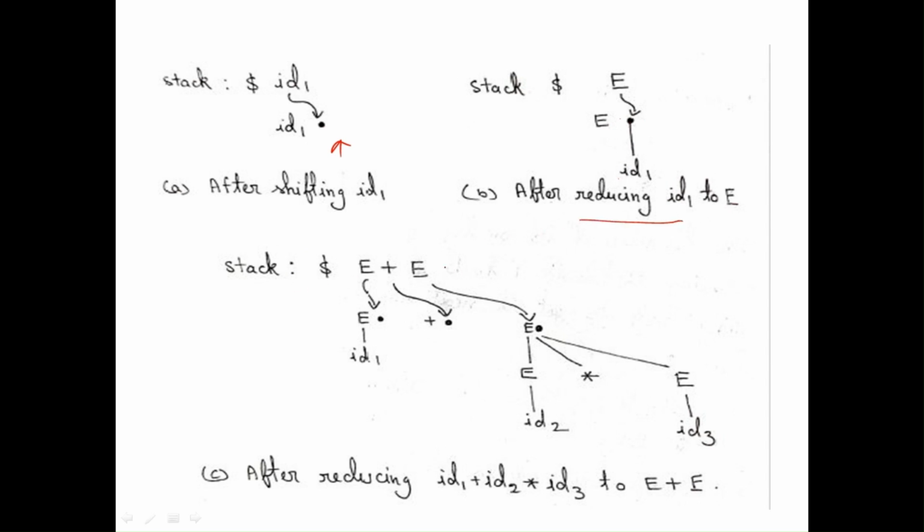E plus E is deriving ID1, again E multiplied by E, ID2, ID3. So in this manner, from the bottom up approach, we are reducing this to this form. Okay, again this E plus E is going to be replaced by this E. Okay, reduced. So in this manner we can build the parse tree.